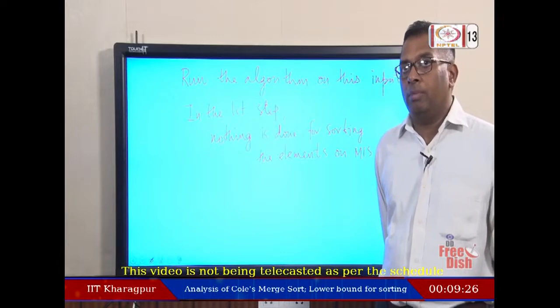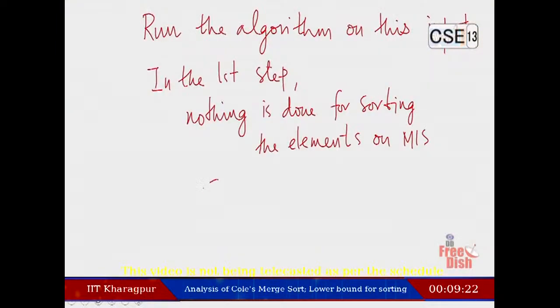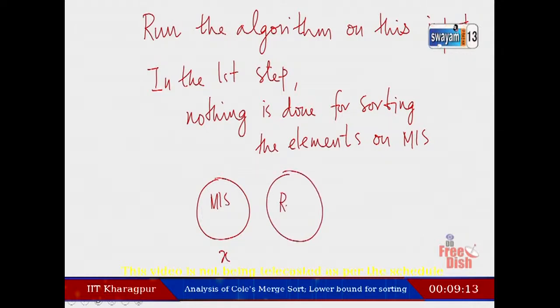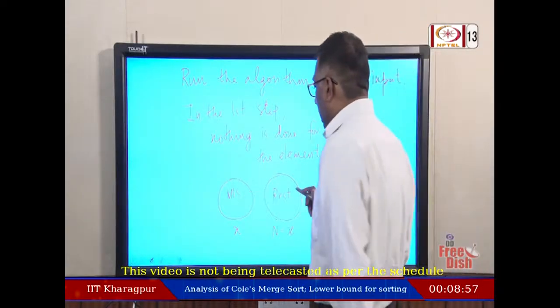The other comparisons that are being performed will be between these x elements and the rest. So here we have a maximal independent set of size x, and here we have the rest of the vertices, which are n minus x in number, and then all the edges in the graph are either between the maximal independent set and the rest.